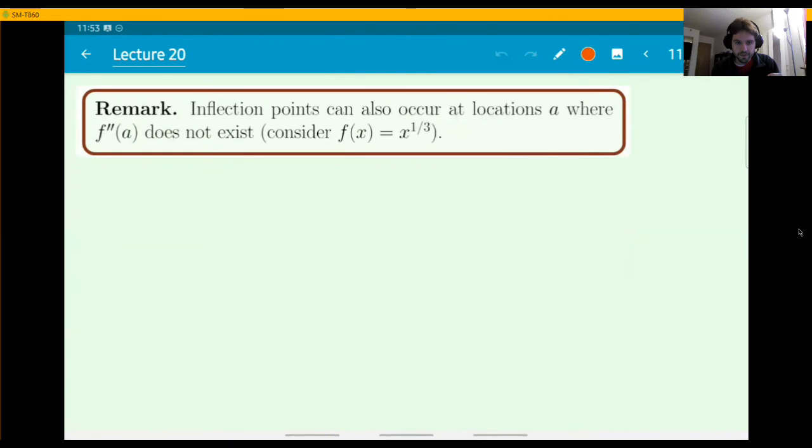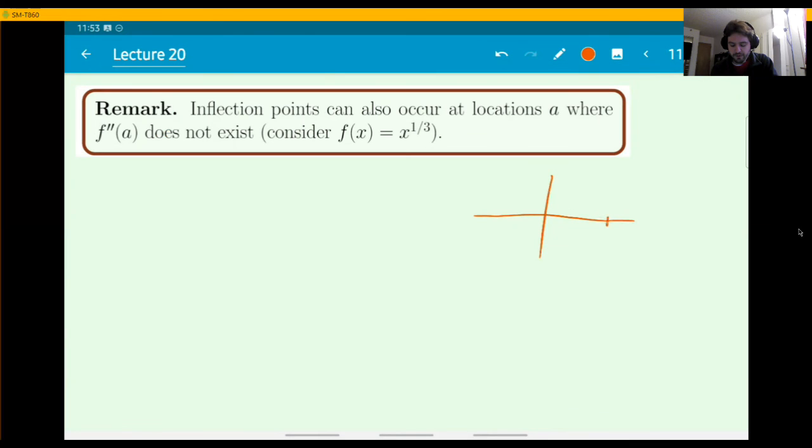Quick remark. Remember what an inflection point is. An inflection point is a point where the concavity changes around it. Maybe concave up before and down after, or vice versa. Usually, for that to happen, you have f double prime of a equals 0, just like we had in the cosine function.